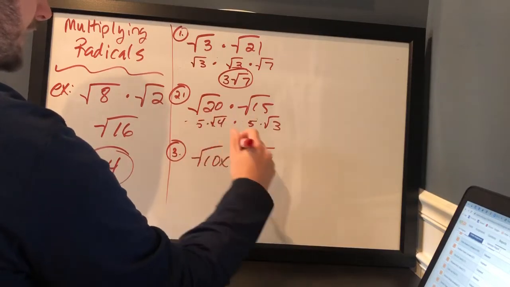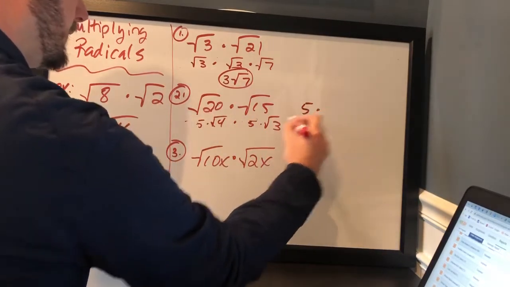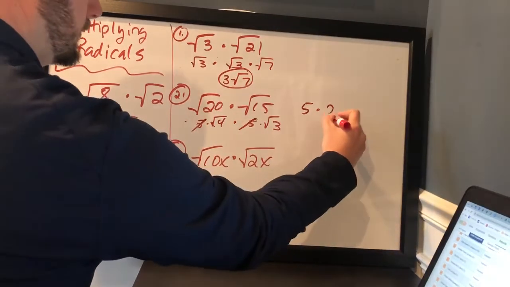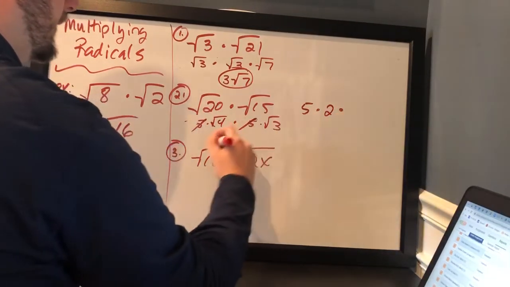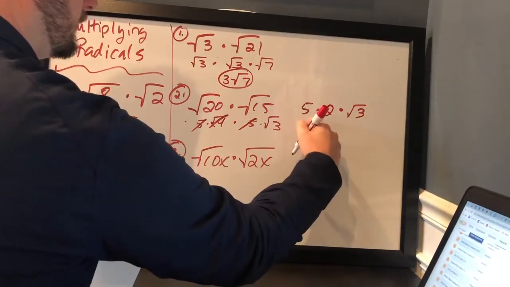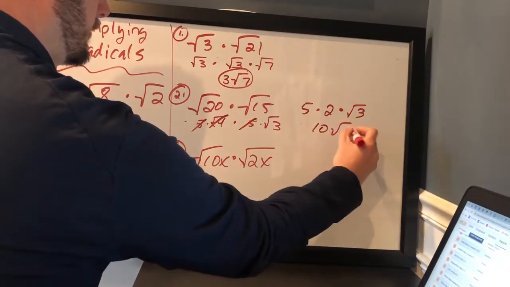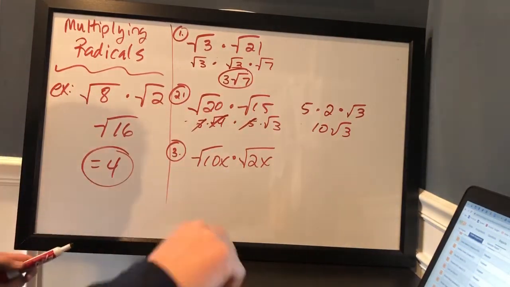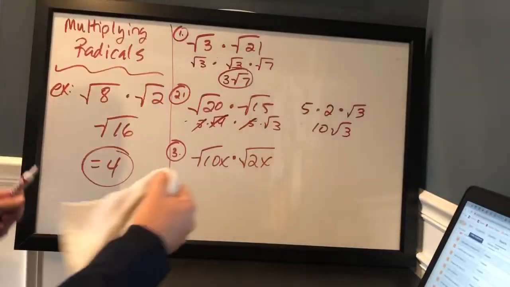So we're left with 5, right? We can pull out a 5. Square root of 4 is what? 2, good job. And then times the square root of 3. So 5 times 2 is 10, radical 3. All right, so that's one way to do those first two problems.